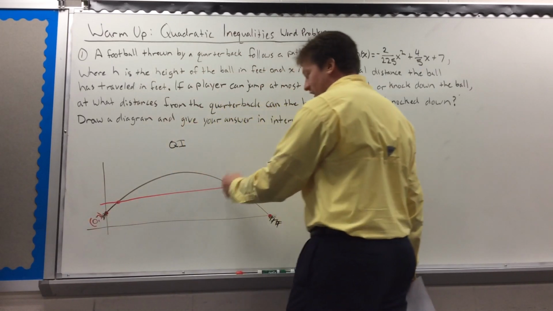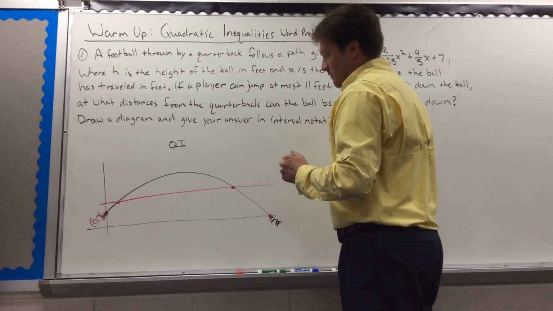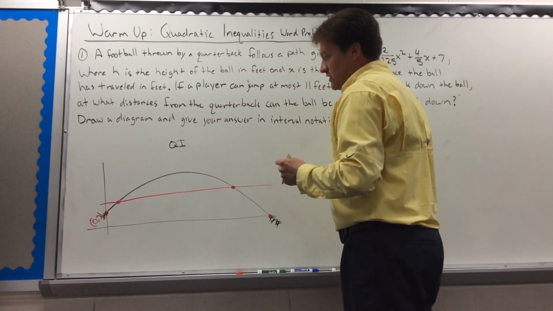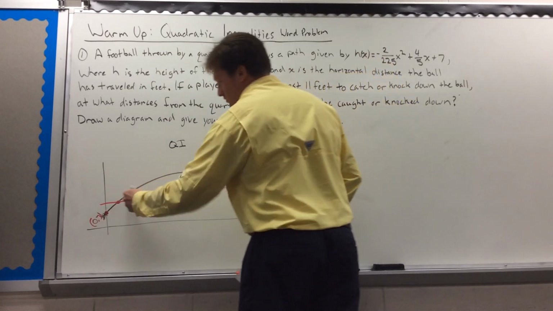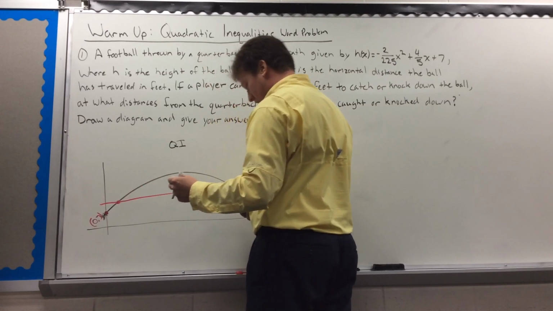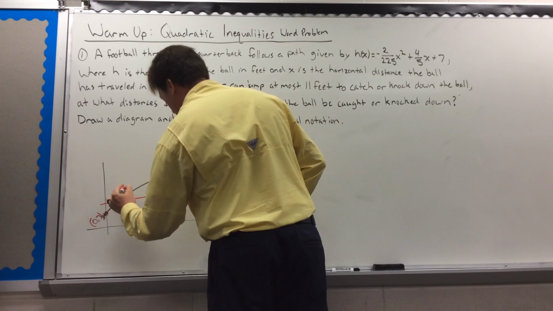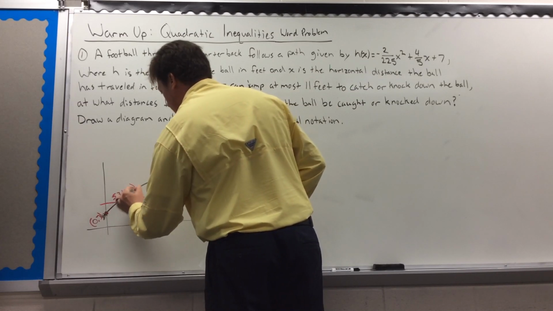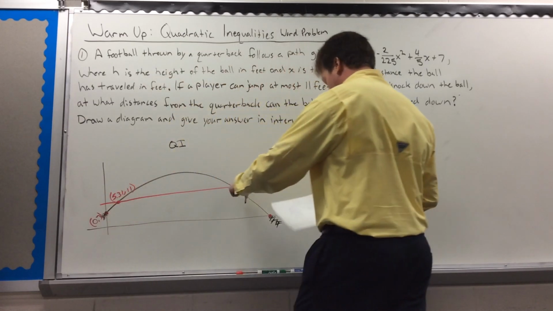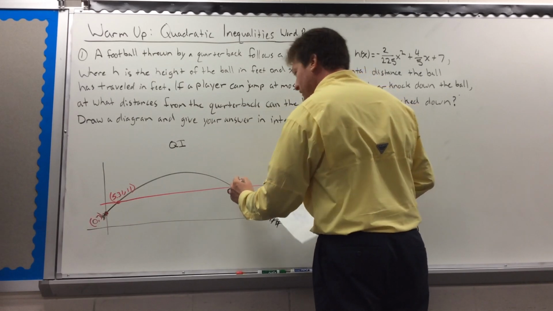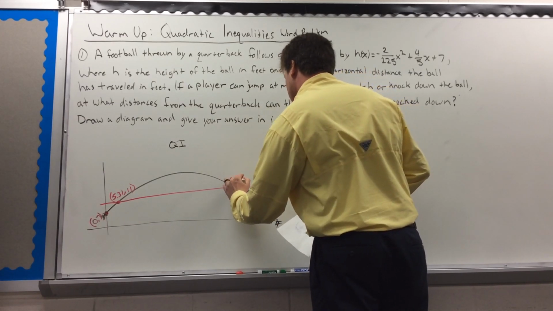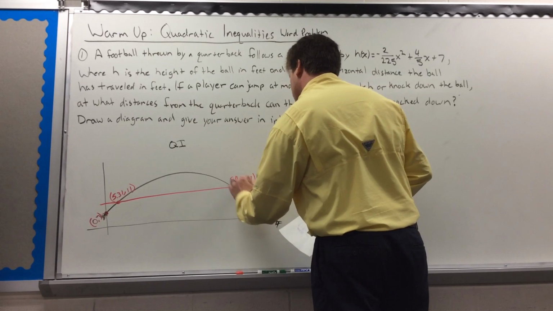If I find the intersection of these two graphs, I've got the first one, which is menu 6, 4 in your calculator. You go to the left and right, and you're going to get 5.31, comma 11. And then all the way over on this side, you're going to get 84.7, comma 11.